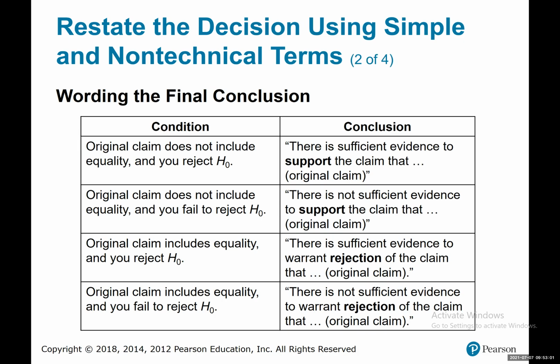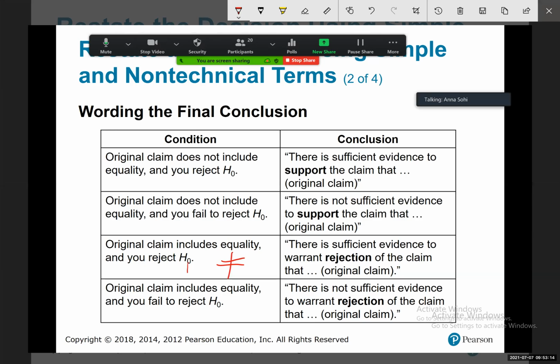And when we get to their examples, you're going to see the usage. When the original claim includes equality and you reject the null, that means you are dealing with not equal to for the alternative hypothesis. That's the next 2 cases.